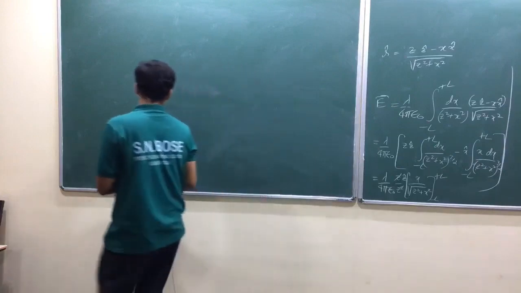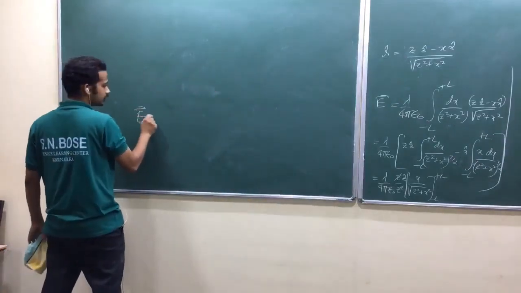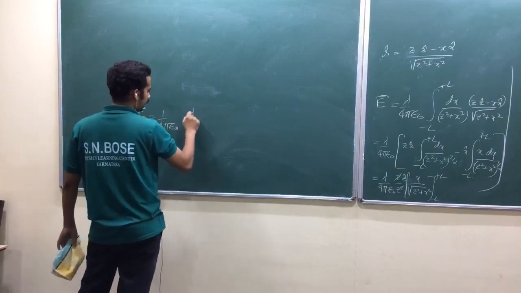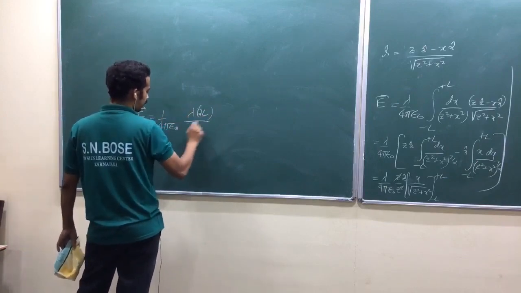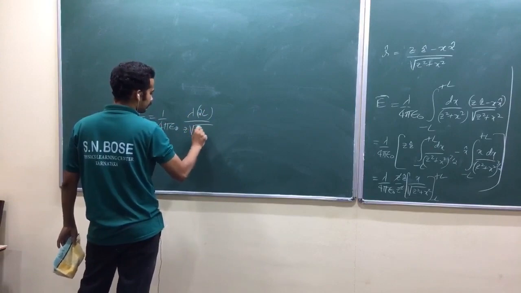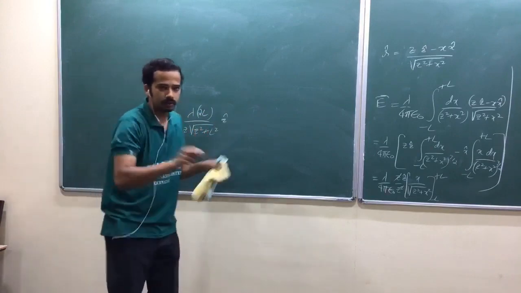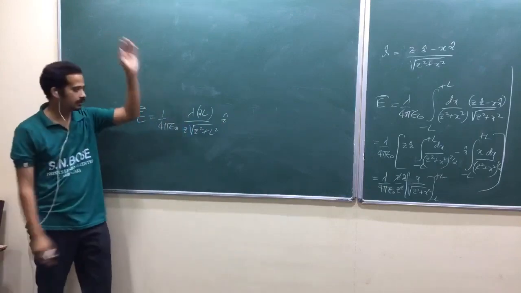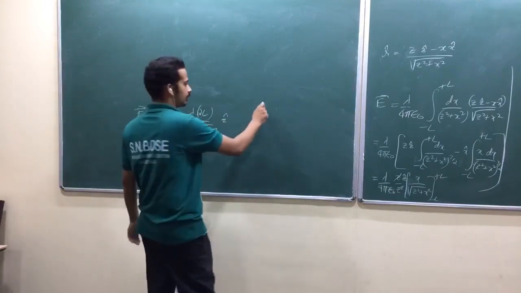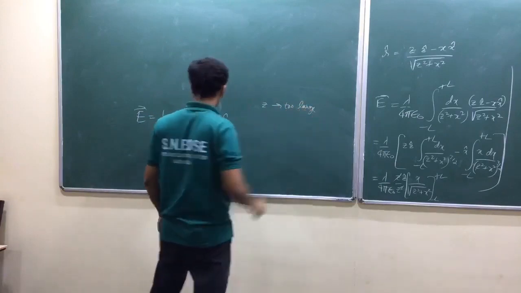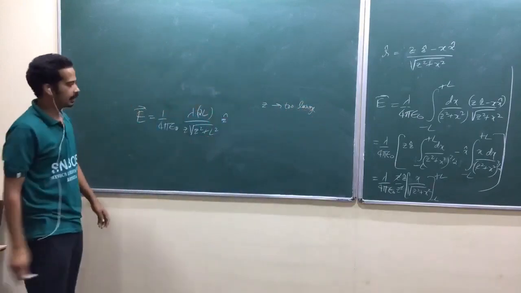Wait a second, let me take the last answer again. What was our last answer? 1 by 4 pi epsilon naught, lambda into 2L by z into root of z square plus L square, along z cap. Now look at that whole line segment from a very large distance z. Okay, z is too large, then you can neglect L, isn't it?